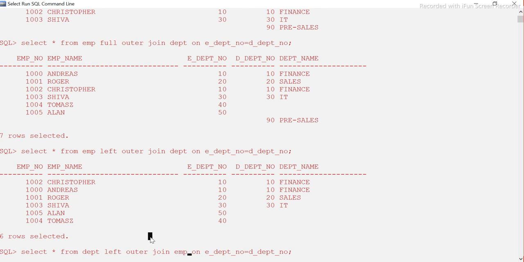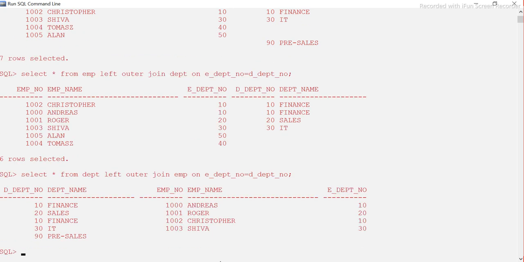So let's try to see that. Did you see that? Did you see, guys? This is a kind of outer join, right outer join, correct? Because we have only changed the sequence of the columns. In the right outer join, we were getting 90 pre-sales, and the only thing is the order was changed.